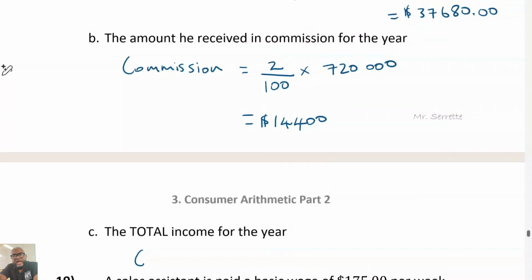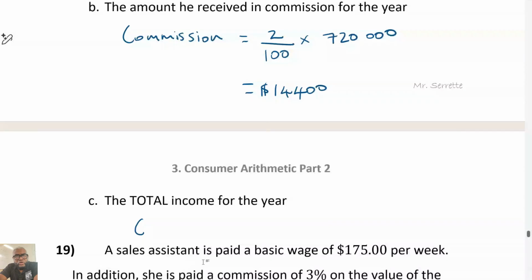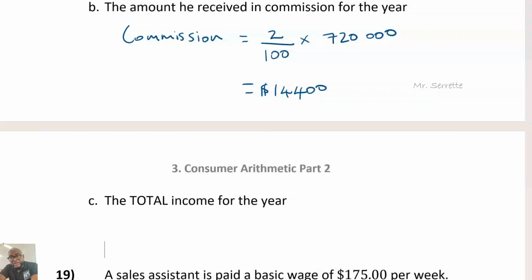They want the total income for the year. So what is your commission? How much was my commission, and how much was my fixed salary?